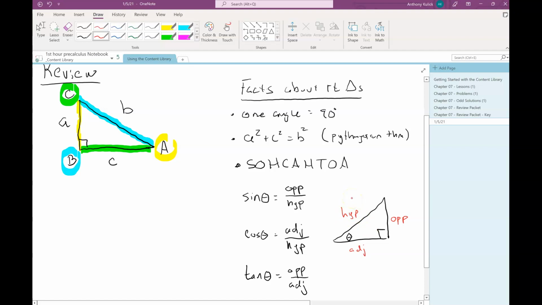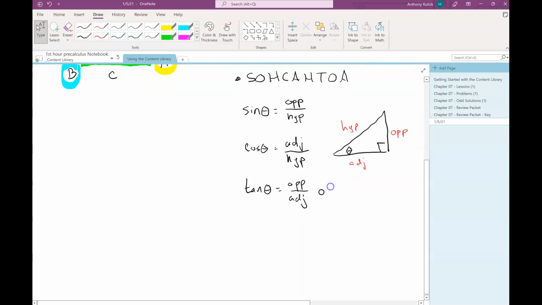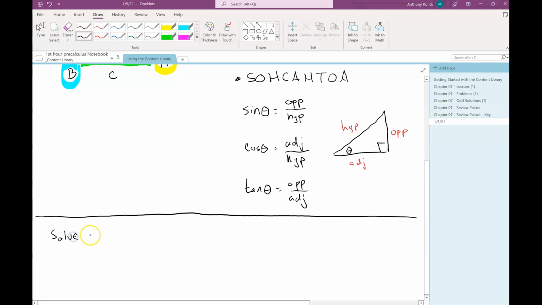And then the hypotenuse is just the hypotenuse of the triangle, right? Is that all ringing a bell? So one of the things that we would have asked you to do in your geometry class would have been things like solve the triangle.